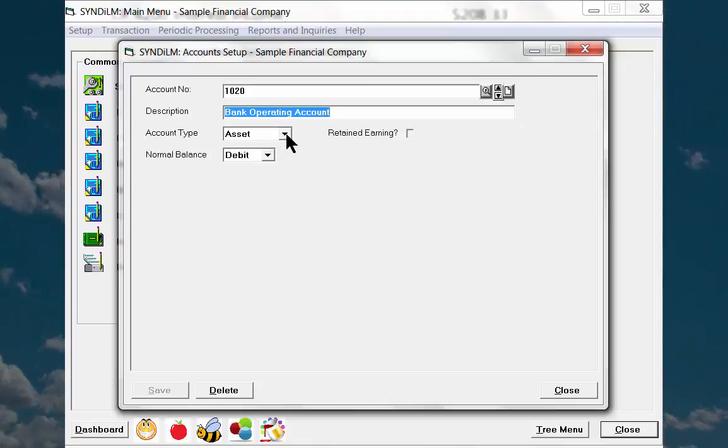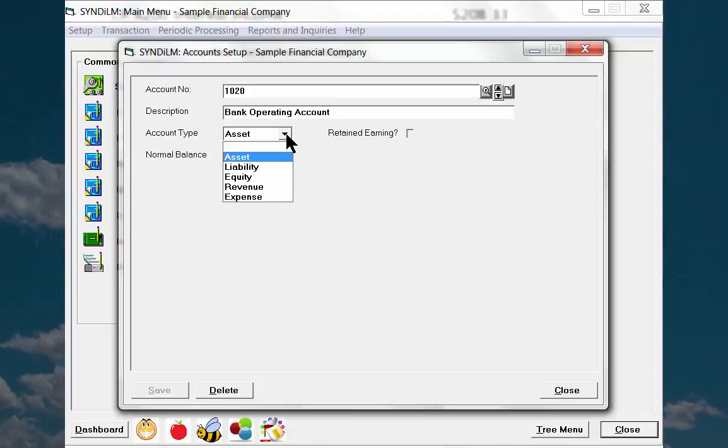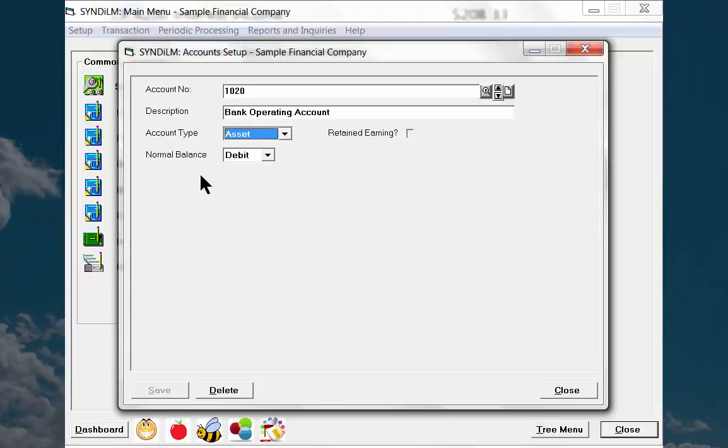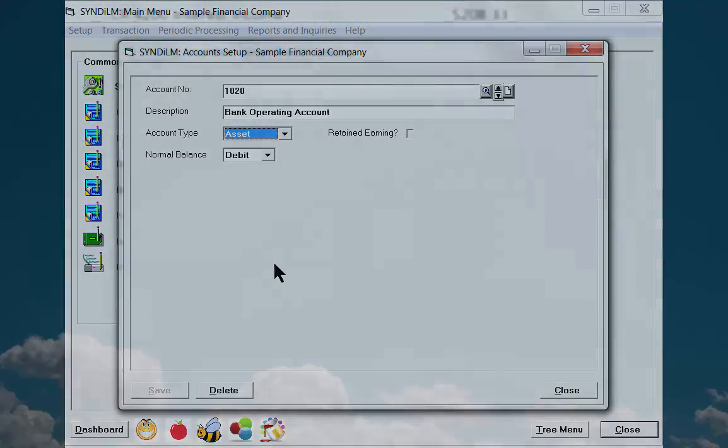Account type is asset. It could be liability, equity, revenue, or expenses, and it is basically an asset, and the normal balance will be debited to the journal ledger. And you can save it, you can add new accounts, and it's a very simple screen.